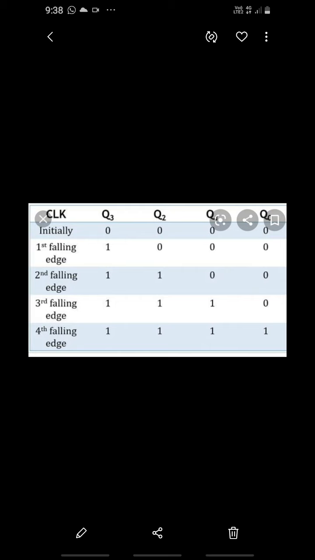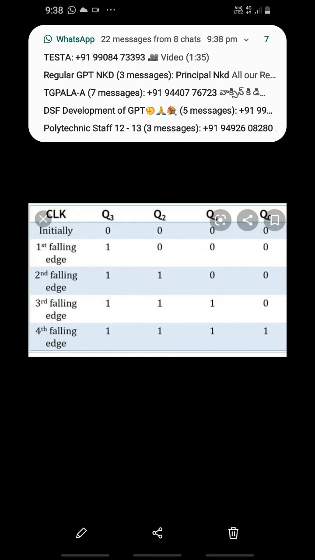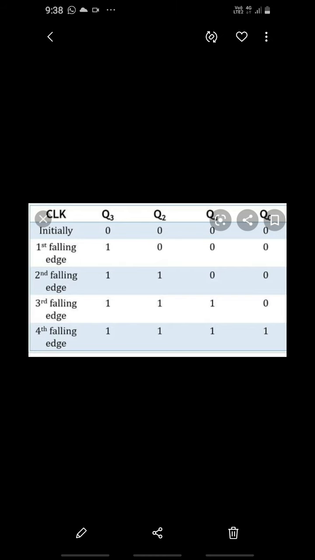So here take an initial condition, that is the input to D3. It is 1, 1, 0, 1 with the LSB bit last, and here Q3, Q2, Q1, Q0 and clock pulses 0, 1, 2, 3, 4.